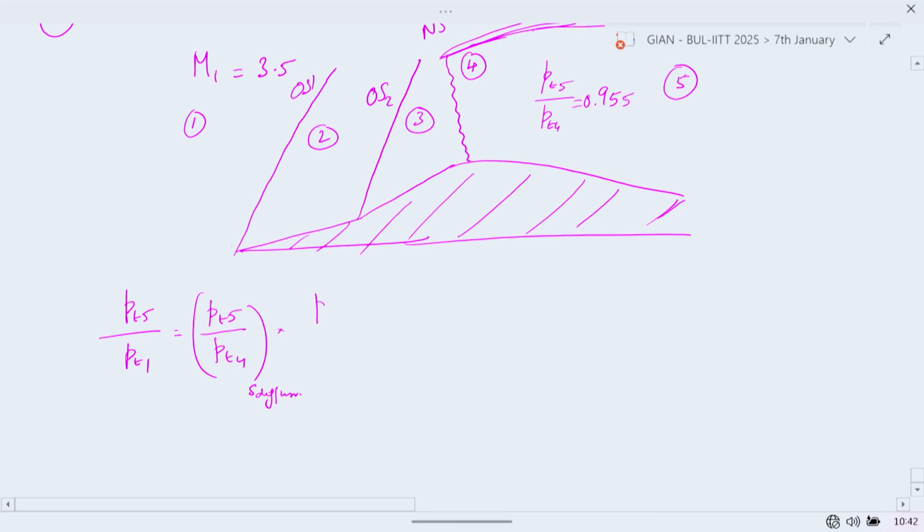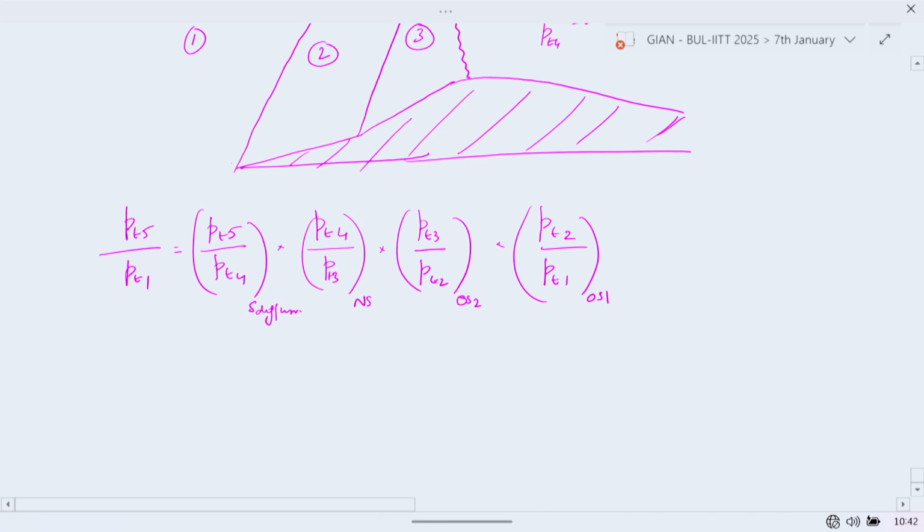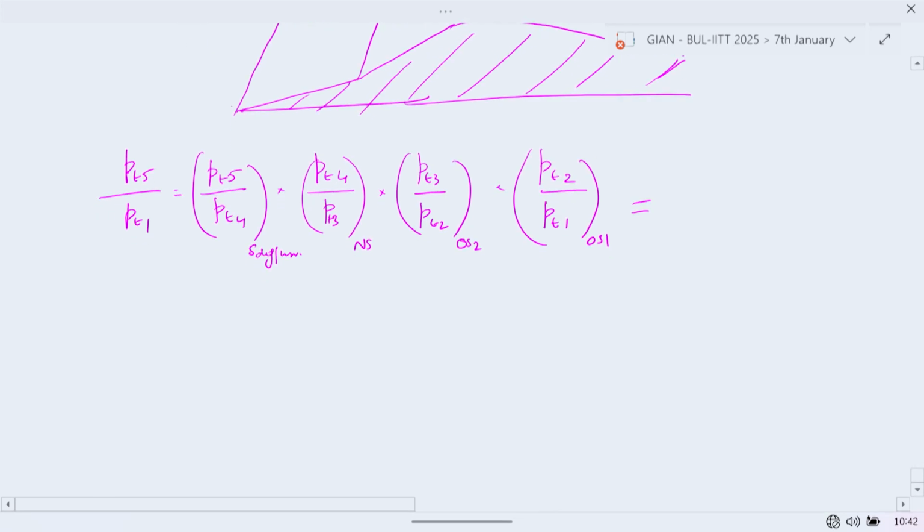Then we have PT4 by PT3 for the normal shock, PT3 by PT2 for oblique shock 2, and PT2 by PT1 for oblique shock 1. So this is what you have to find out.